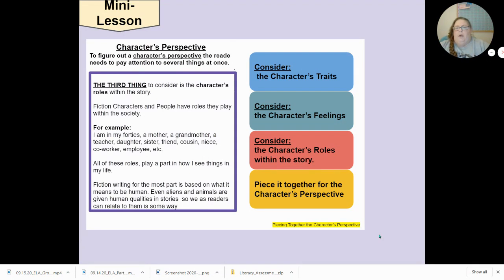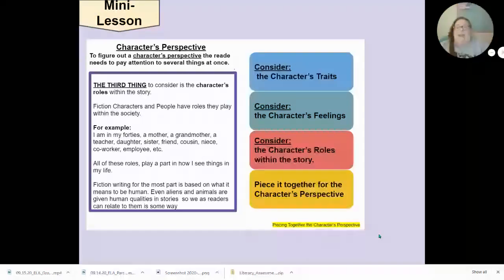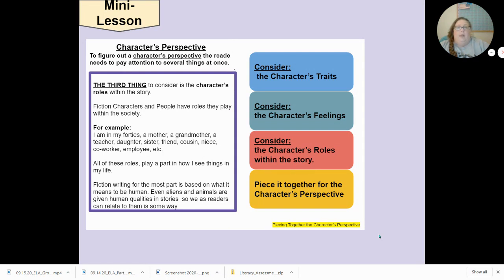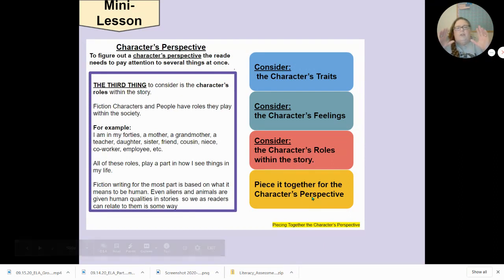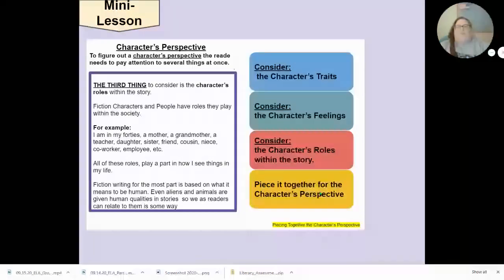Fiction writing, for the most part, is based on what it means to be human. Even aliens and animals are given human qualities in stories, so we as readers can relate to them in some way. So these are things to consider so that we can piece together a good picture of what that character's perspective is and how their perspective influences the way the story is told.